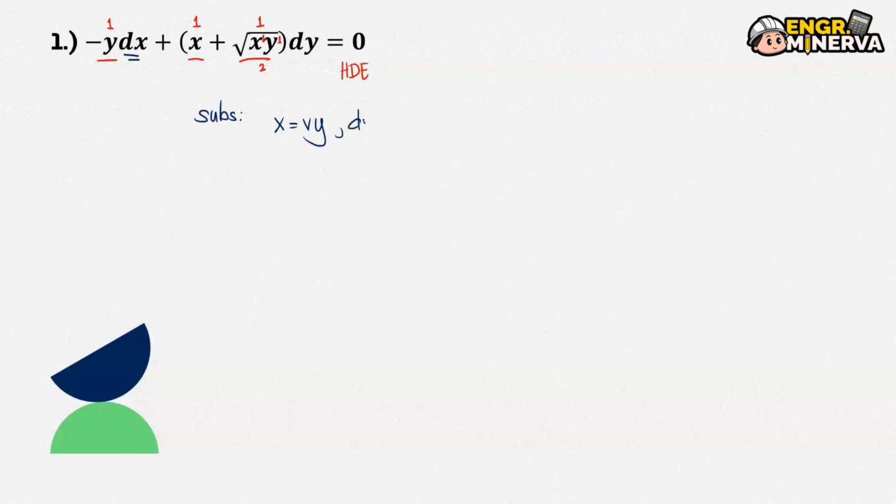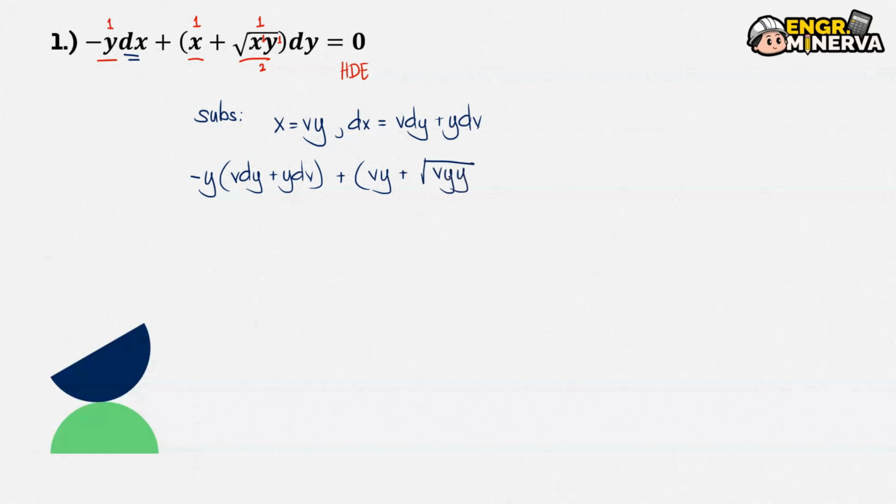Therefore, dx would be equal to v dy plus y dv. Then we substitute: negative y times v dy plus y dv, plus vy plus square root of vy, dy equals 0.